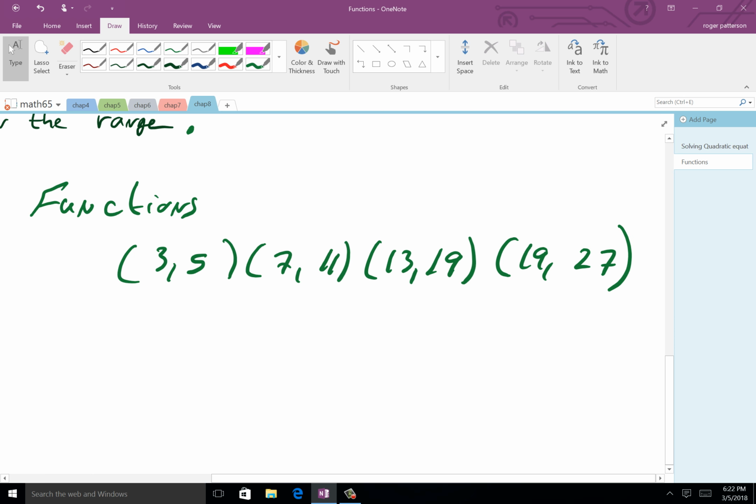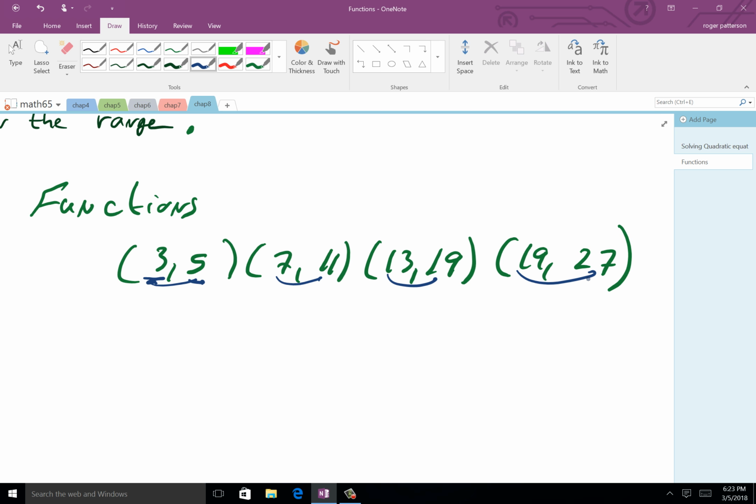There's some sort of a relation between these numbers. I have no idea what it is. I just made them up. But here's what we know. First of all, for every element here, there's one here. So 3 and 5, 7 and 11, 13 and 19, 19 and 27. Each one is paired with one.